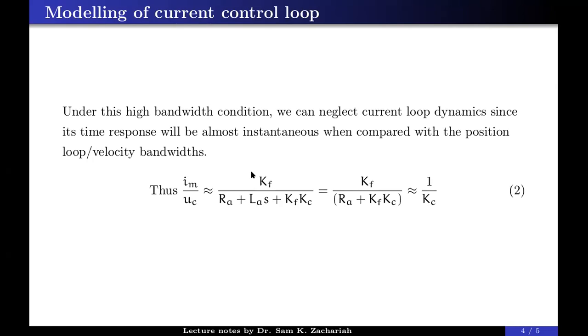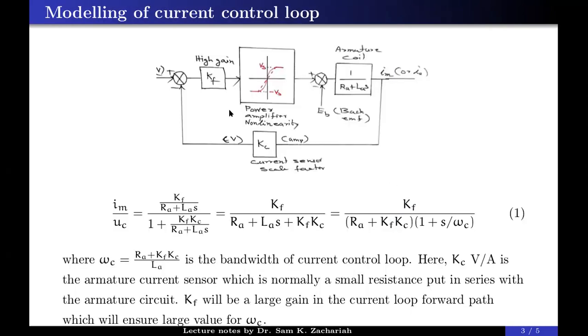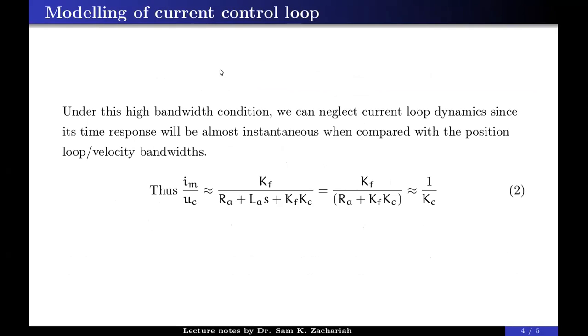LA, and it should be KF upon RA plus KF into KC. And the gain here you are increasing, this high gain KF should be high. Then KF multiplied by KC will be very high. And this RA is the armature resistance, which will be very low for a motor and can be neglected.